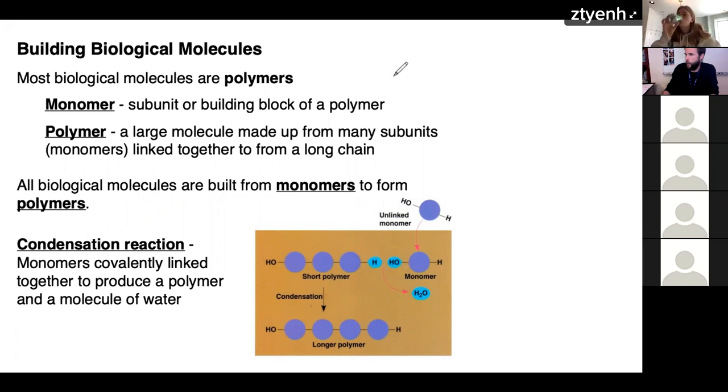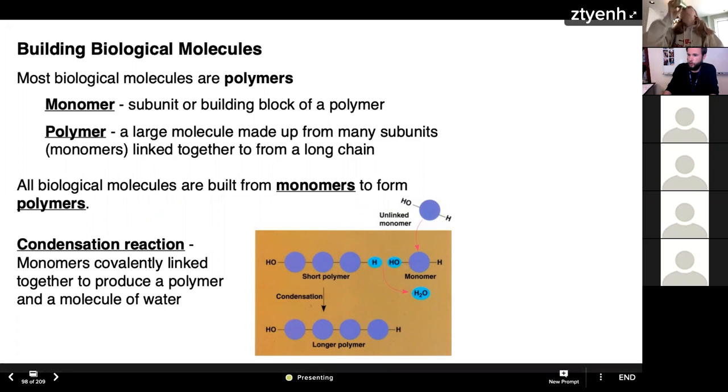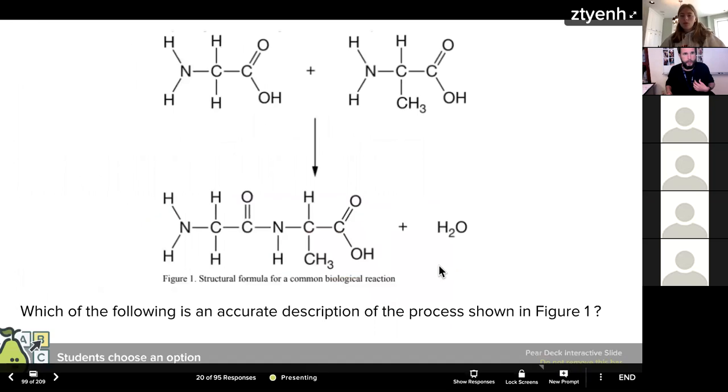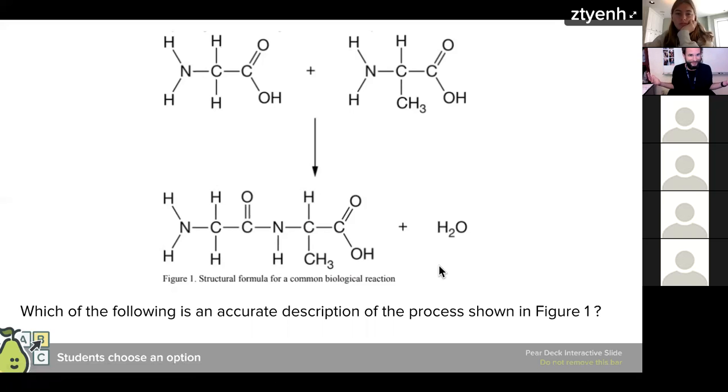All right, so a couple different practice questions that we can look at before we wrap up today. First one is an AP multiple choice question. Okay, so you don't know what these molecules are. You don't have to. See if you can choose the answer that makes the most sense.